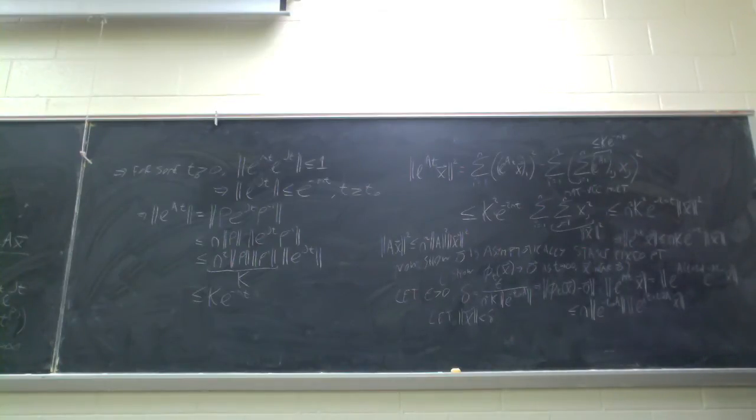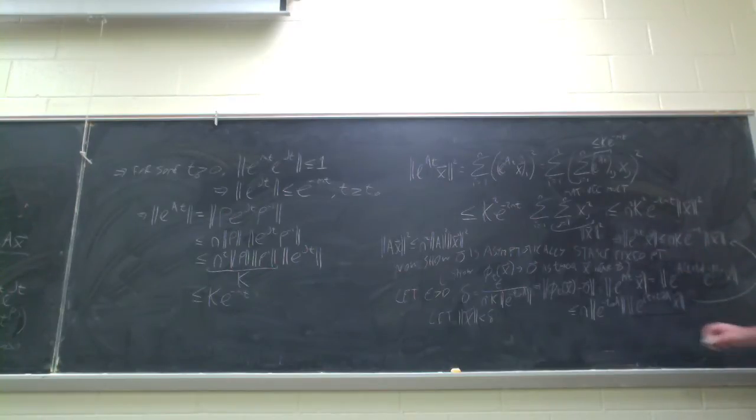So now what I have is this expression, e to the time value times A times x. For this, I can use this inequality right here, where instead of t, I just have t plus t naught.